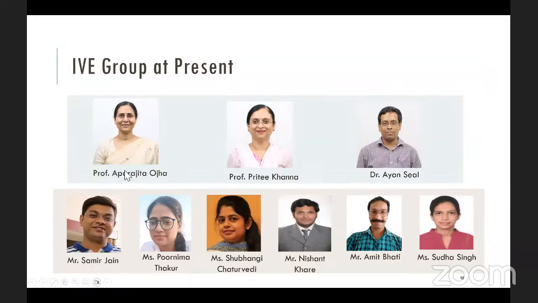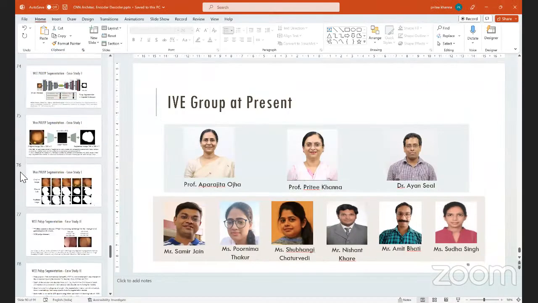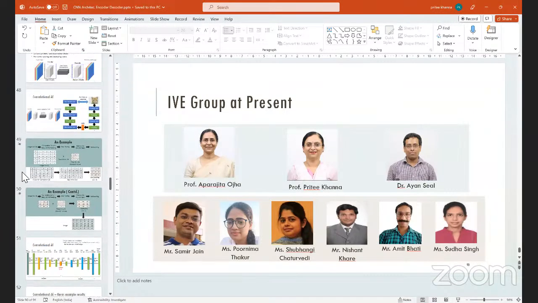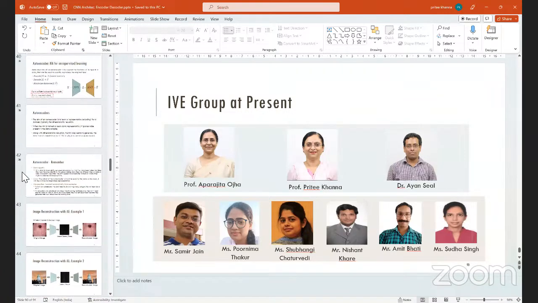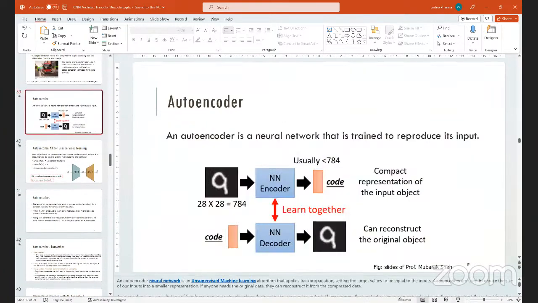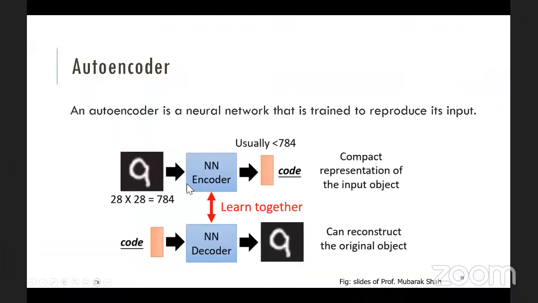Now let me tell you very quickly one more thing before ending, about autoencoders. Till now we discussed UNet encoder-decoder models, which were basically supervised. For segmentation, you need to provide the ground truth also.